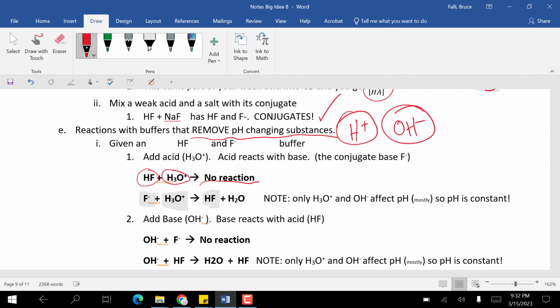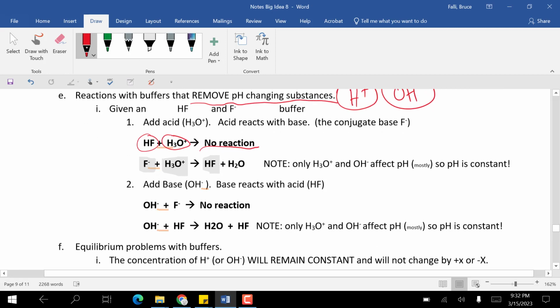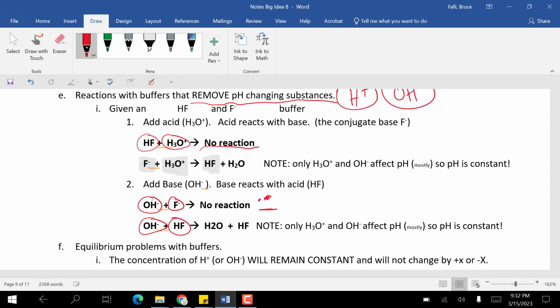Do you see how H3O positive turns into HF, right? So HF doesn't really affect the pH much. So that's why it's pretty consistent. If I add base to the same system, F negative and OH negative, no reaction. That's just silly. But OH negative and HF, this H is attracted to the OH, so I get water and F negative.